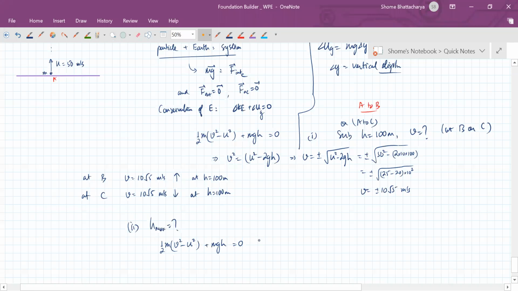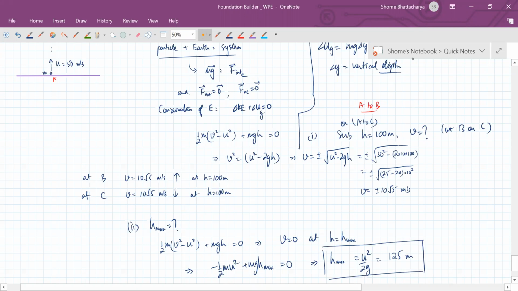So here, v is equal to 0 at h equal to h max. Okay, so there you are. Minus half m u square plus m g h max, which just gives you the formula which you already know from kinematics. So that will become 125 meters.